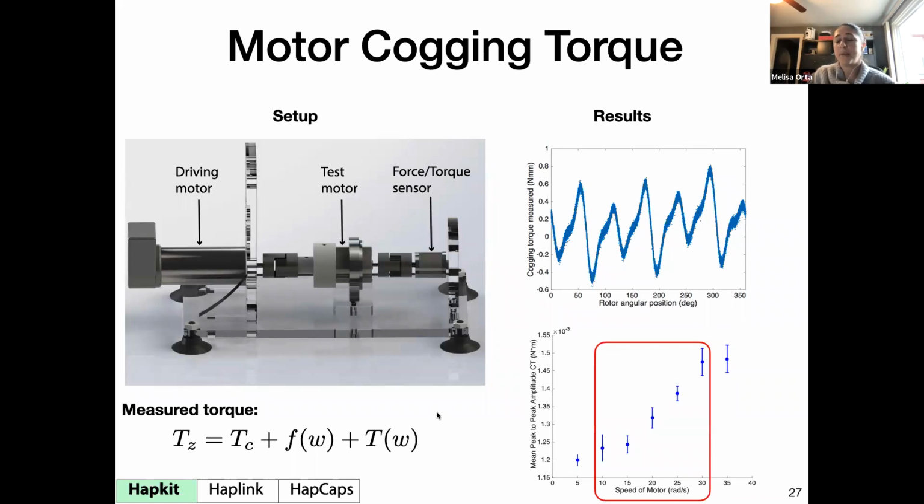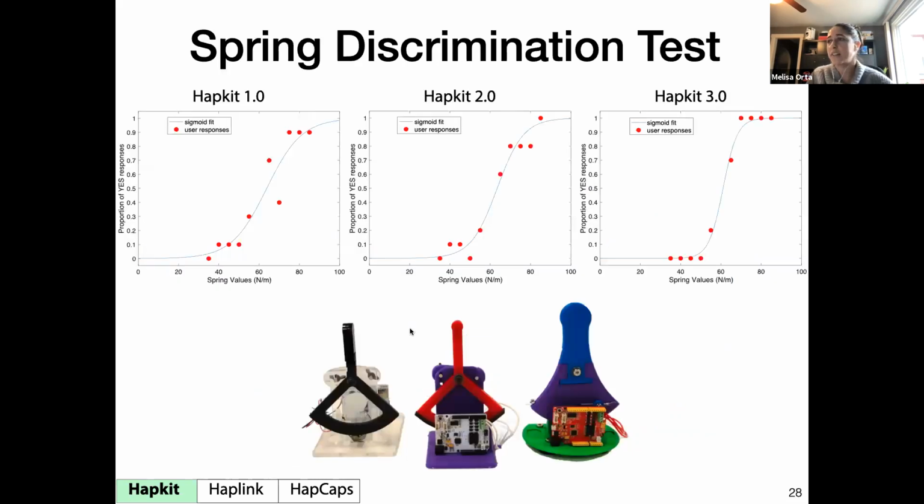So then the next step is to try to understand what the effects of that force that the user can feel is going to be in the rendering of virtual environments between the 3 devices. And so for that, in order to understand how that will affect it, we performed a stiffness discrimination test. It's a user study in which we used 14 participants.